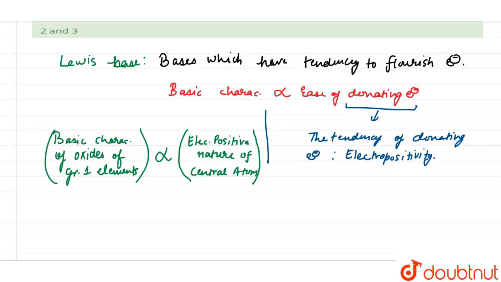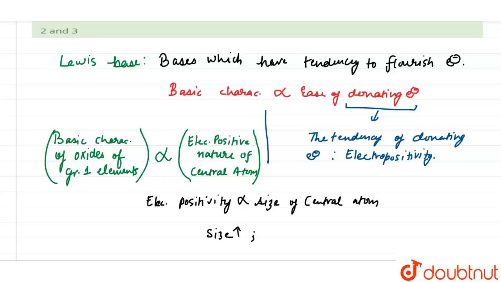The trend is quite simple because electropositivity is directly proportional to the size of the central atom. Okay, so as the size increases, electropositivity also increases, right?